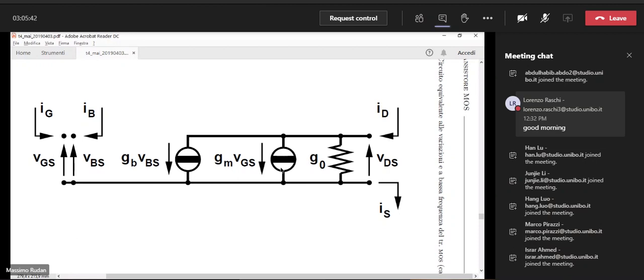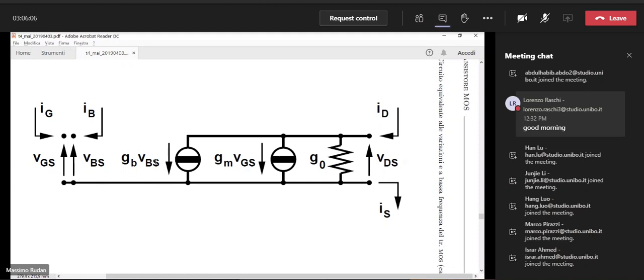The voltage is VGS. And finally, the same applies to the bulk transconductance, because this transconductance also provides a contribution to the current of the drain controlled by a voltage in another port, that is VBS.